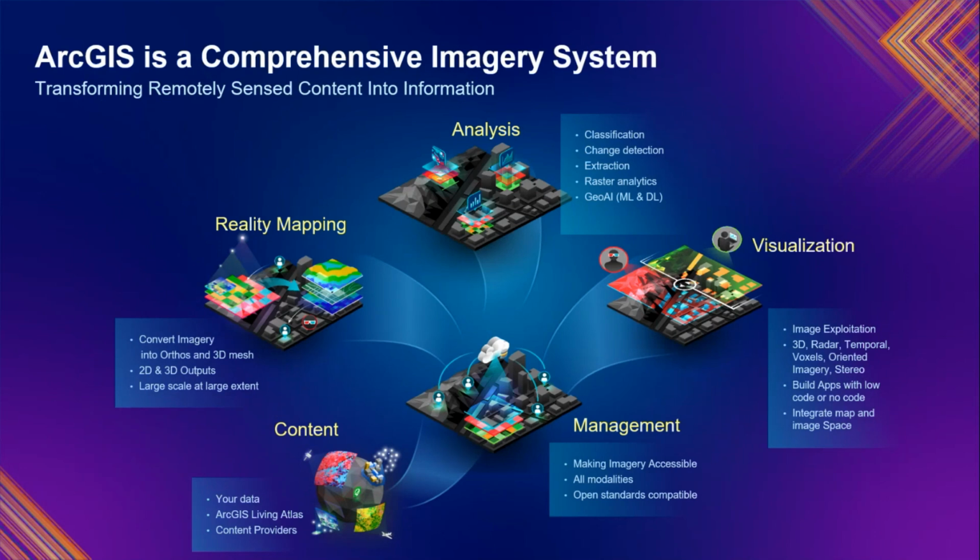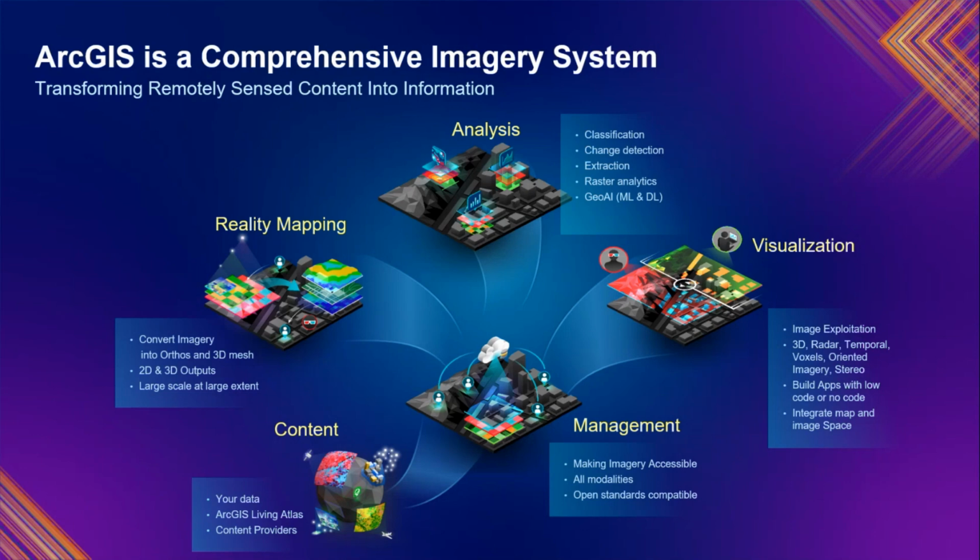ArcGIS is a comprehensive GIS system, but we break it down into 5 key components for imagery. Content, which is where you're going to get your content from. Where does this imagery come from? Management is how do you manage that imagery if you have it?